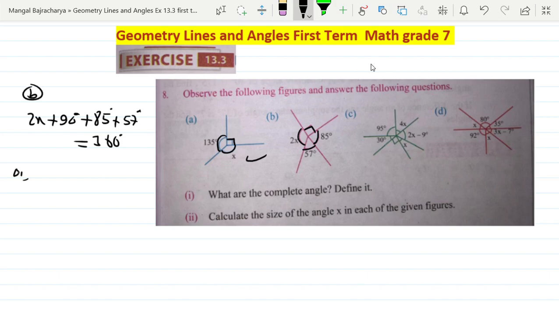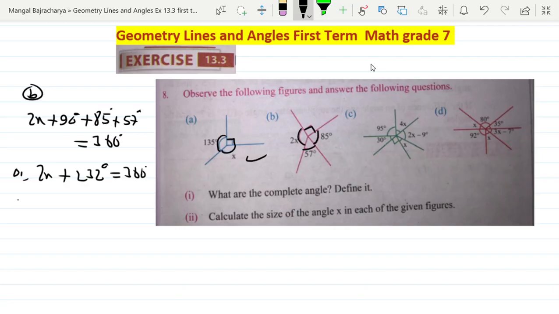So after that, this 2x is the variable, and then there are the numbers 90, 85 and 57. Let's get them added. So 90 plus 85 plus 57 is 232. I'm using a calculator to make it swift.